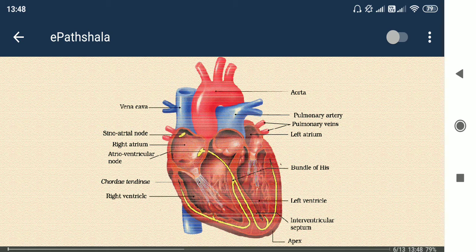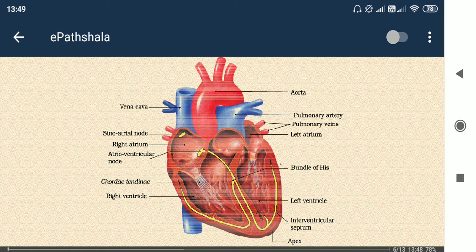So when the sinoatrial node generates the first impulse, the right atrium and left atrium contract. When they contract, the blood present inside the right atrium and left atrium flows to the right ventricle and left ventricle respectively, through the valve, because the valve is open now.